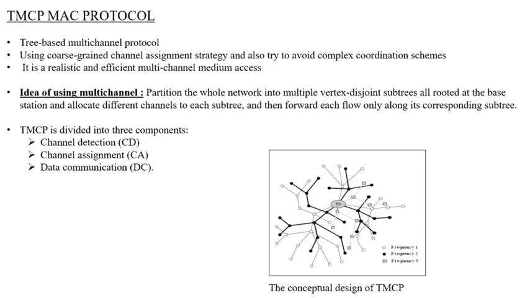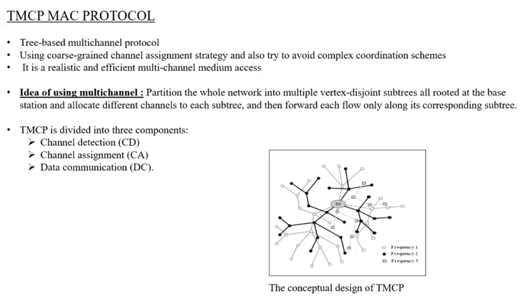After partitioning, interference in the original network can be divided into two categories. The first is interference among different trees, which is called inter-tree interference, and it is eliminated by assigning different orthogonal channels to each subtree. The second one is potential interference among nodes within a tree, that is intra-tree interference.